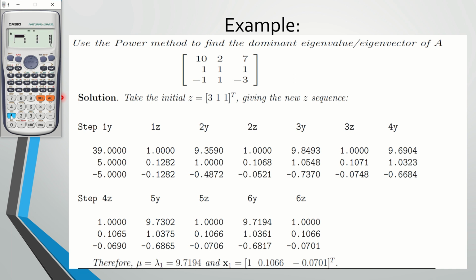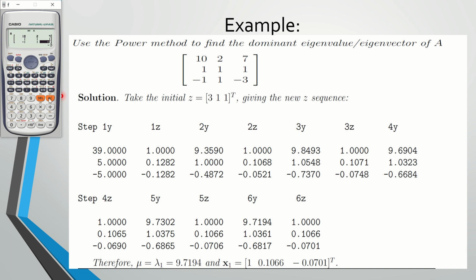We have 10. Next one is 2. Next one is 7. Then it's 1, 1, 1, and minus 1. Then 1 and minus 2. Okay, we have done that.